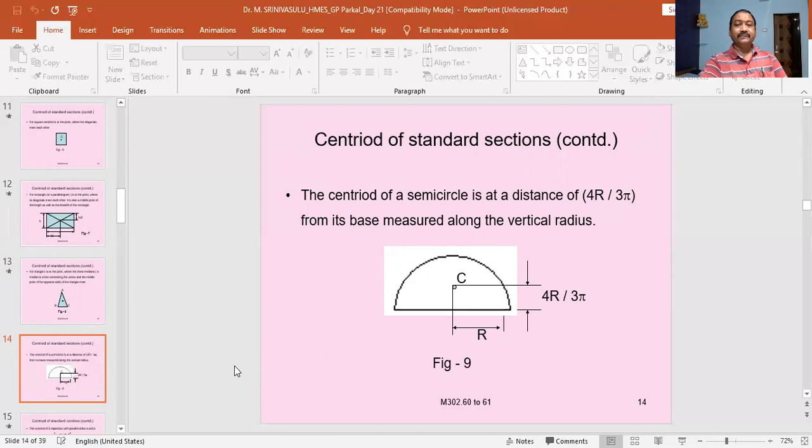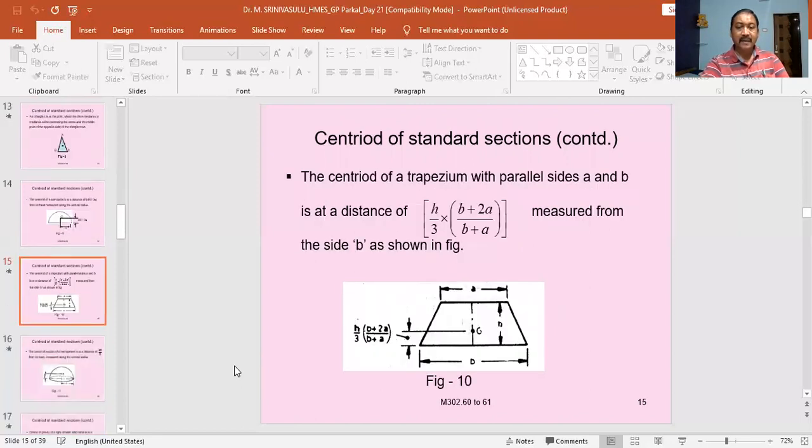And for the semicircle, because it is symmetrical about the y-axis, the centroid will lie on the y-axis at a distance of 4r by 3π, where r is the radius.